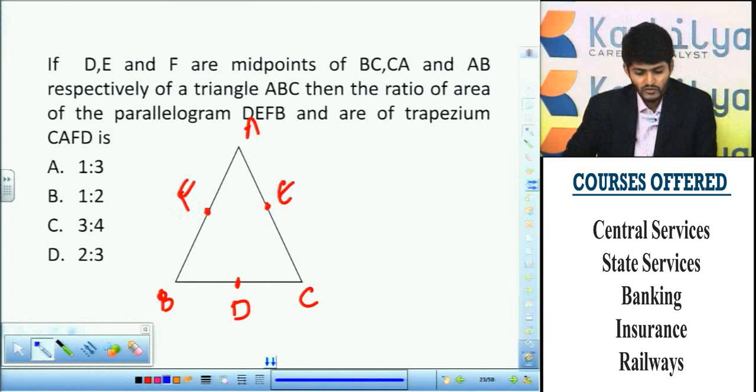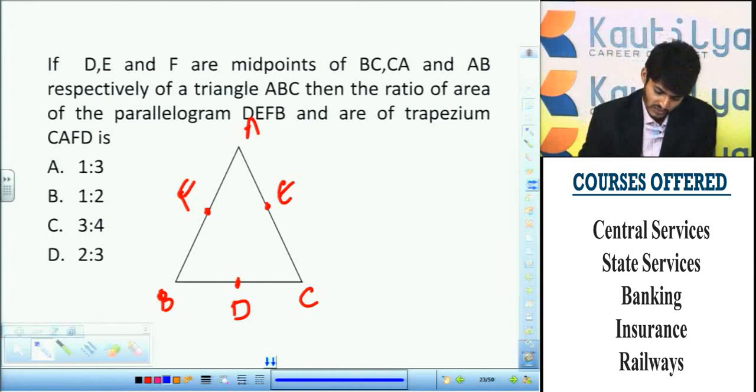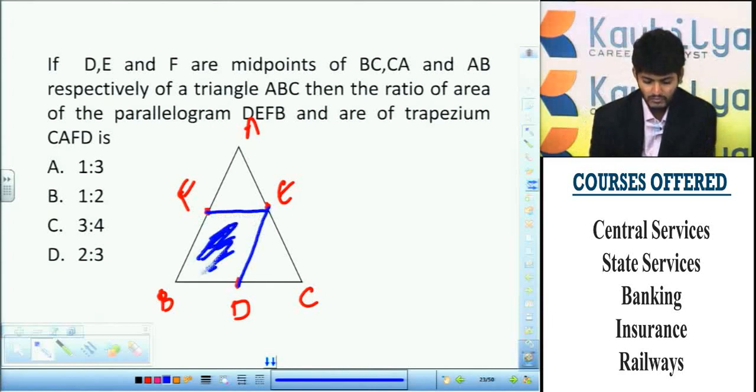Now he is saying D, E, F are the midpoints of BC, CA and AB respectively of triangle ABC. Then the ratio of the area of the trapezium to the area of parallelogram DEFB. So let me join this figure. He is speaking about this, right?